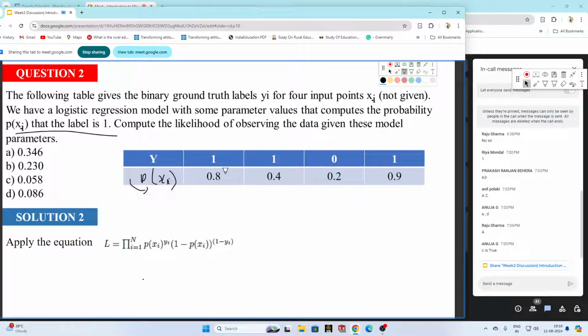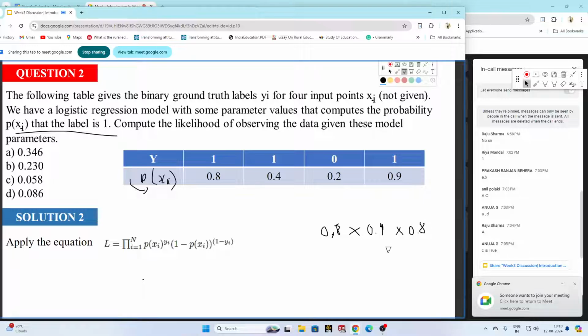You will take one point at a time. For the first point, 0.8 to the power 1, and 1 minus 1 is 0, so we don't have to think about it. Now the second point, 0.4 to the power 1. For the third, 0.2 to the power 0 is nothing, and 1 minus 0.2 is 0.8 to the power 1.